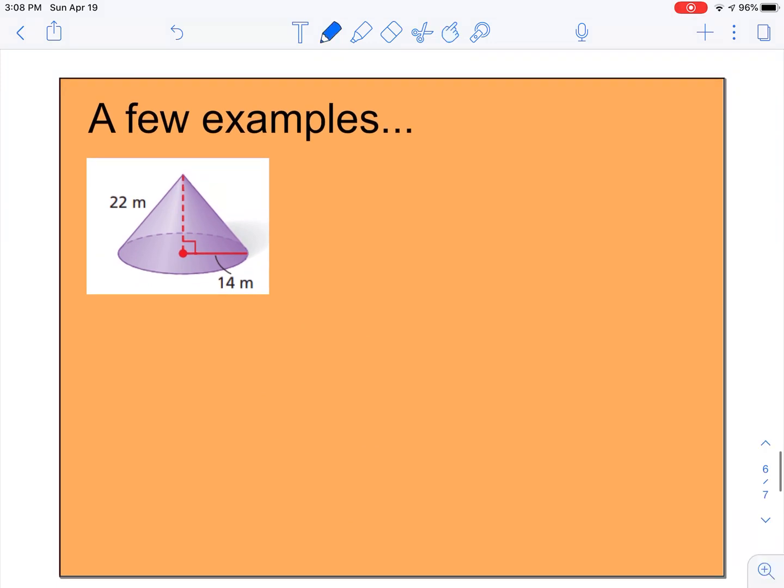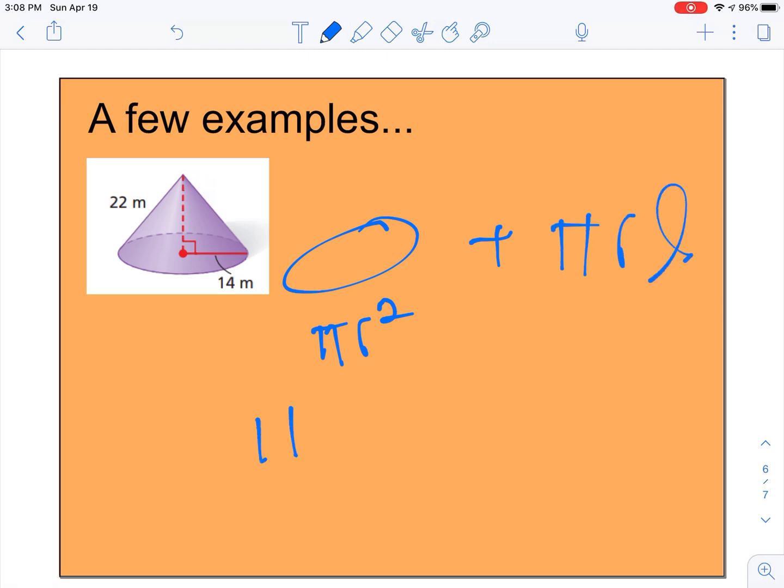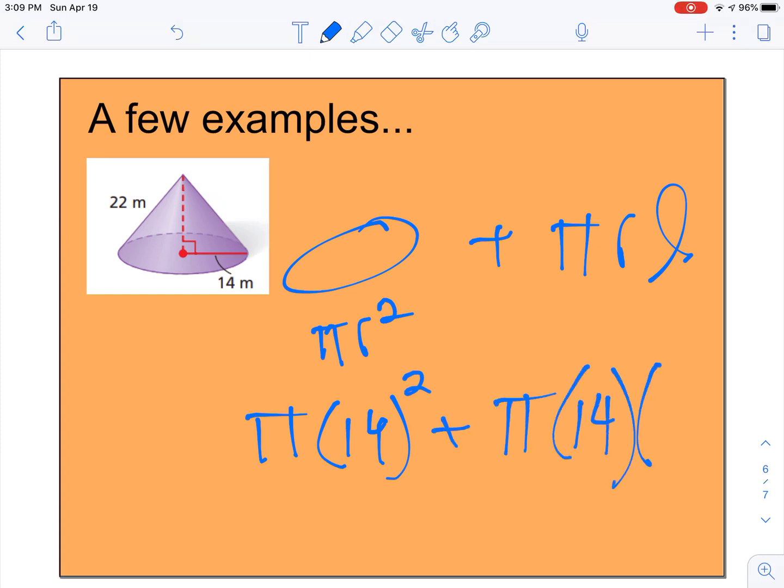Let's just get this cone out of the way. Pi r squared plus pi r L. So if we do this, pi 14 squared, pi 14 times the slant height, which is not given. I picked this one on purpose because you have to use the Pythagorean theorem to get the slant height. However, I'm just going to give it to you for the sake of time right now. The slant height is 26.1.